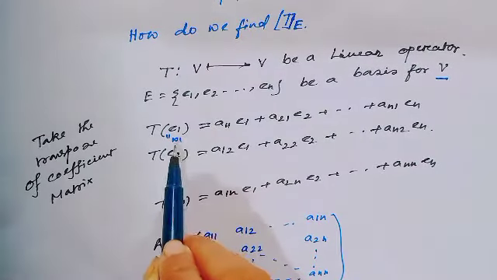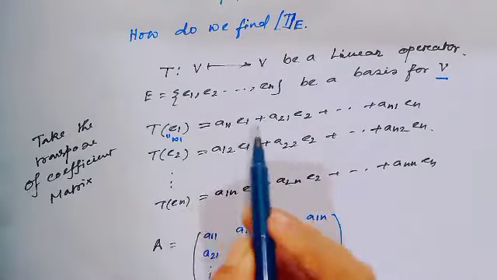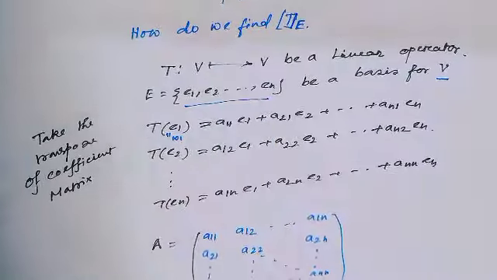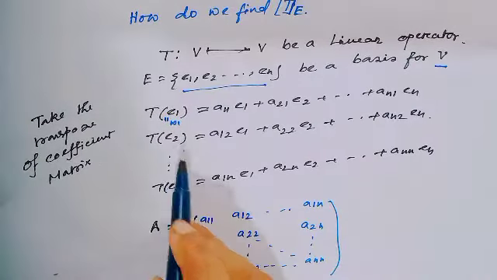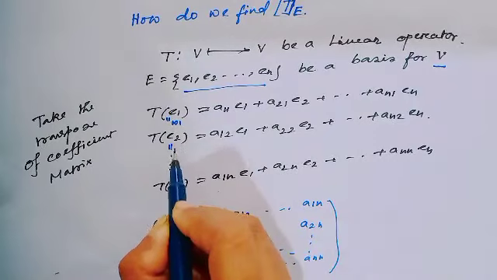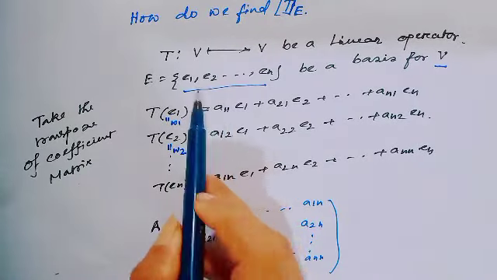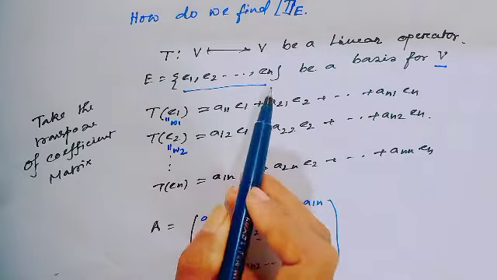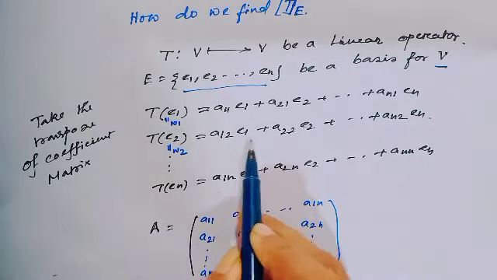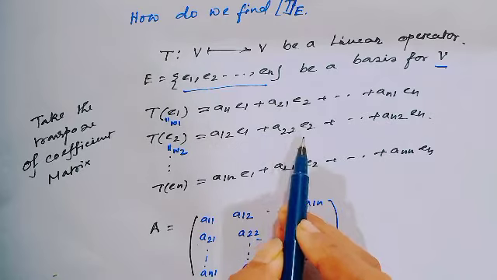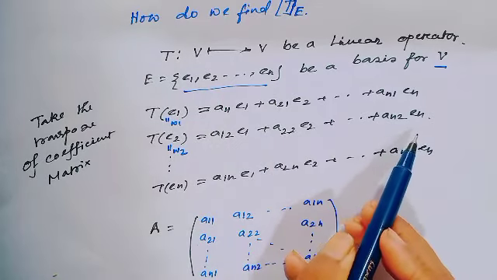That means here w1 is written as a combination of these basis vectors. Now similarly T of e2 equals w2, and we write w2 as a combination of these basis vectors. This is actually a1_2 e1 plus a2_2 e2 plus up to an_2 en.